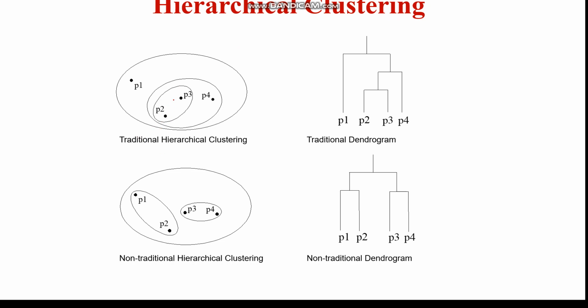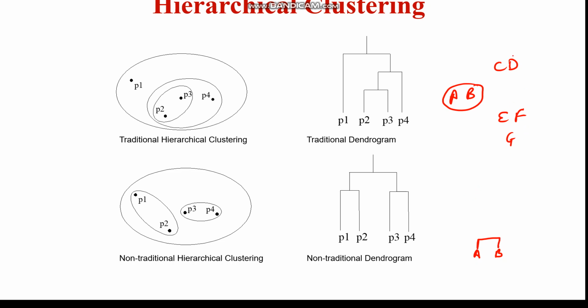We have certain points which are being organized. Suppose I have points A, B, C, D, E, F, G. Suppose these points look very close together, so we form them as one cluster, and link these two points in one cluster.